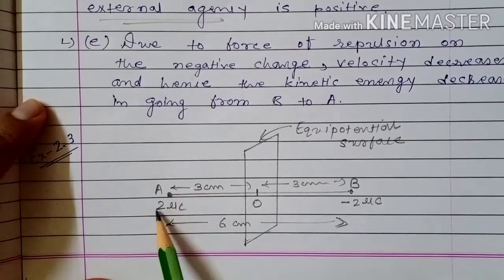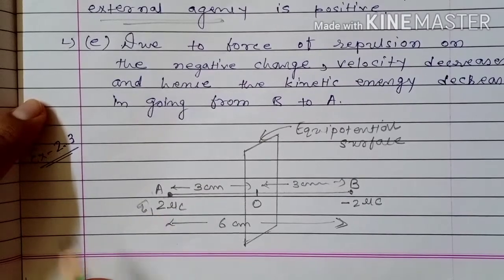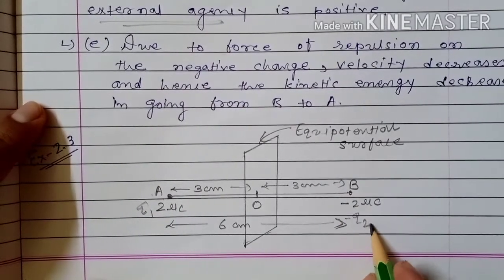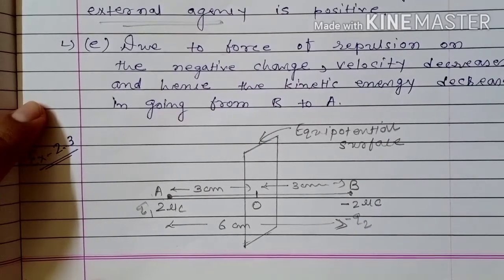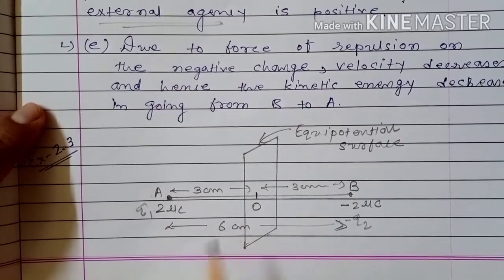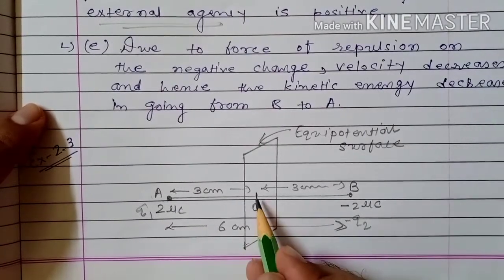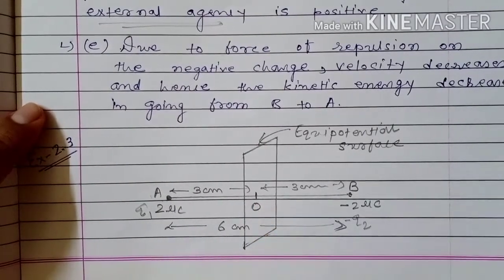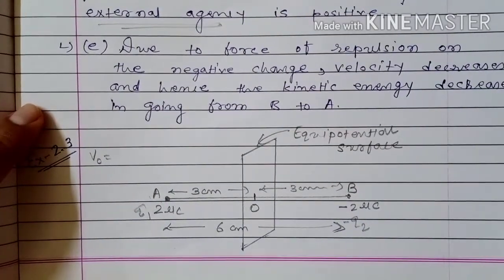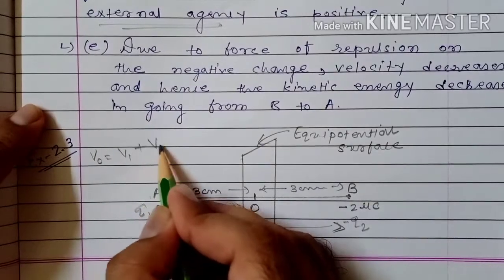Here this Q1 is at point A and this is minus Q2 which is at point B. Here distance between them is 6 cm. If I take the center point as O and if we find potential at point O, then potential at point O is V1 plus V2.